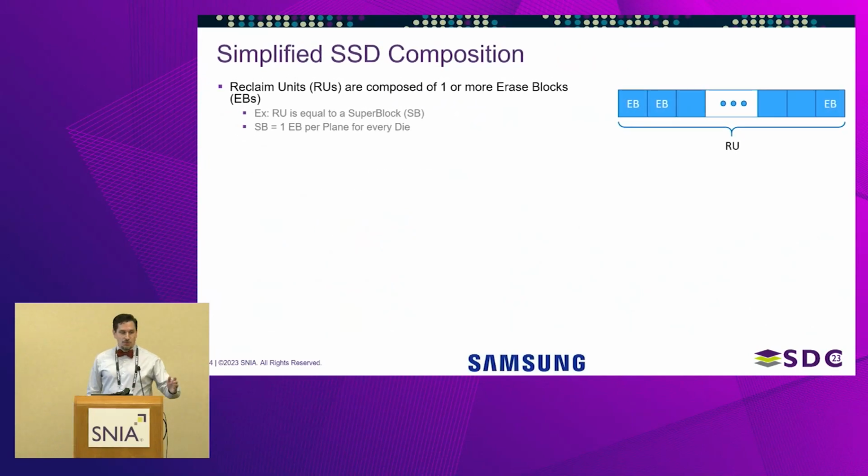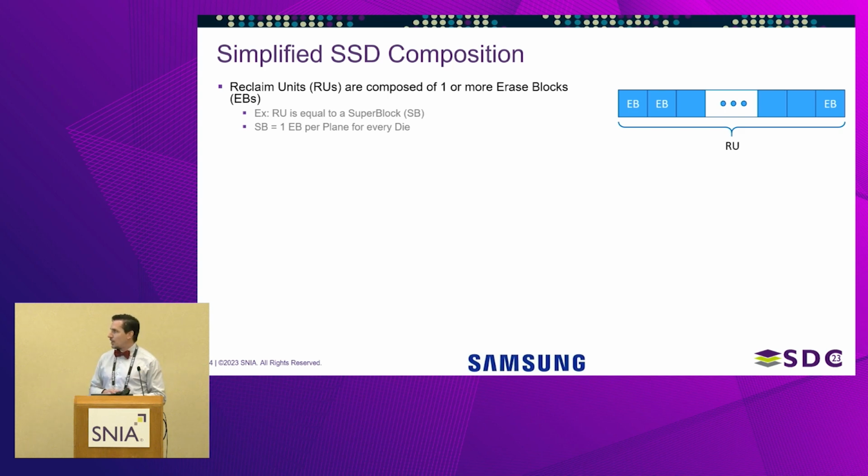From an SSD point of view, I just wanted to put up here an image of an RU, and this is just one example. Earlier question, what is an RU defined to be? Well, in this presentation, for the sake of an example, I'm going to focus on a superblock. Commonly in the industry, a superblock might be described as 1 erase block pulled from every single plane of every single die.